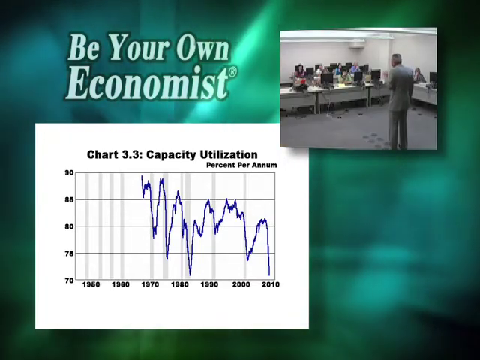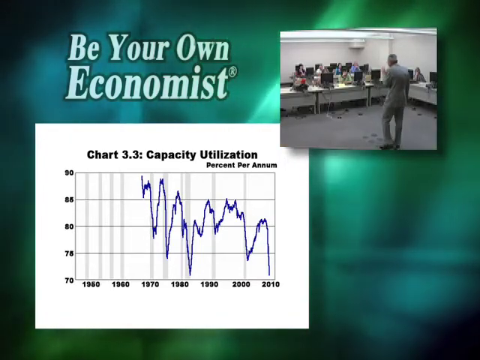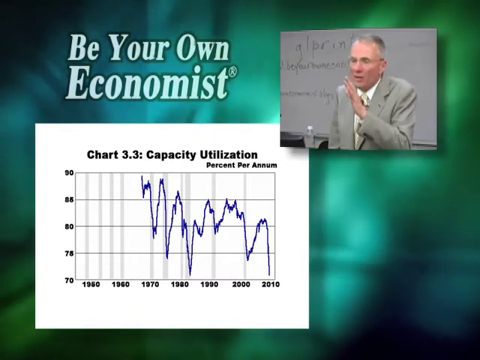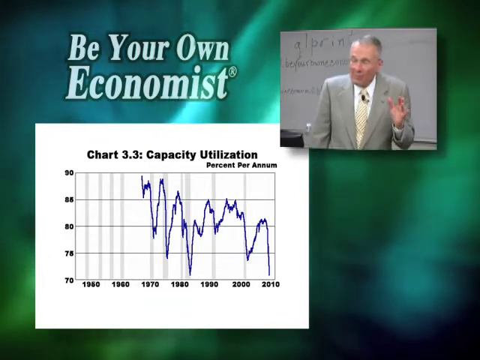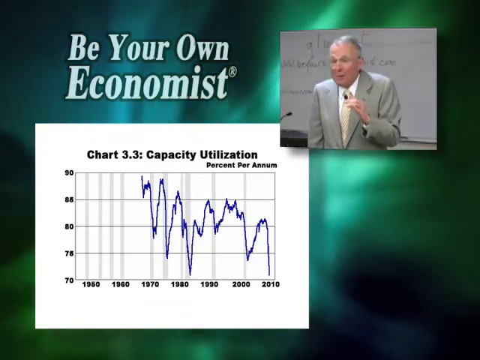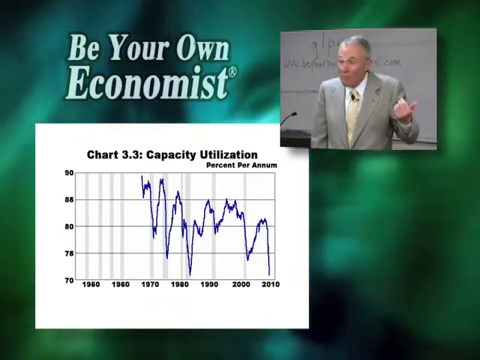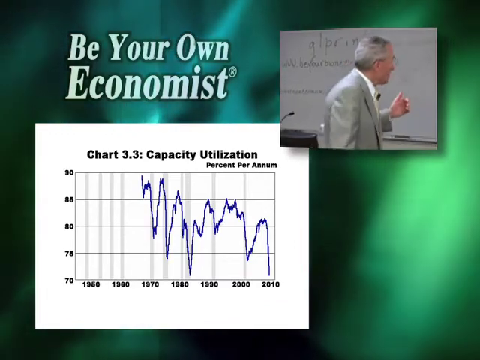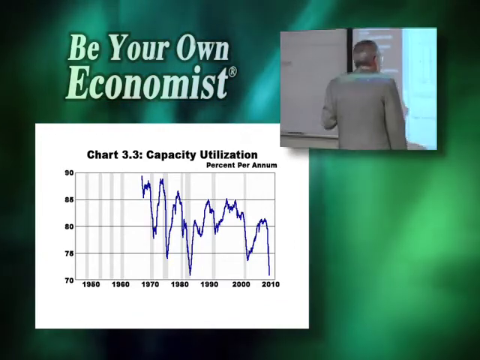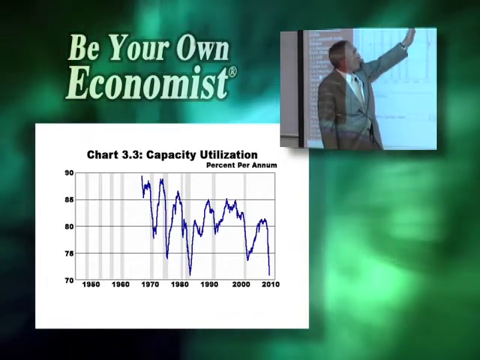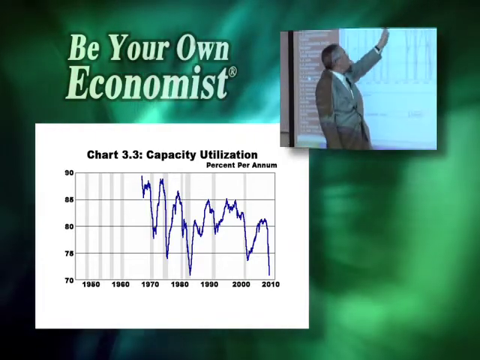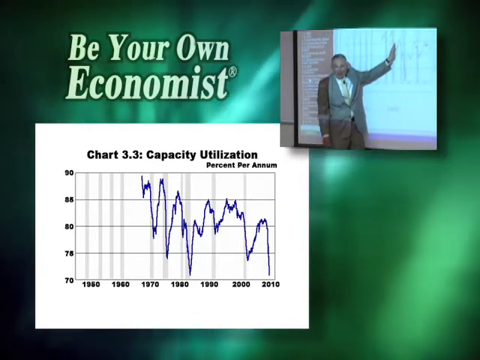Now, notice in the old economy, and the old economy, as far as the new economy folks were concerned, was anything before them, right? In the old economy, it wasn't unusual for the economy to be pushed above 85% of capacity.